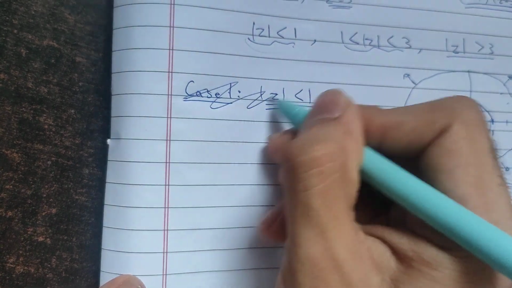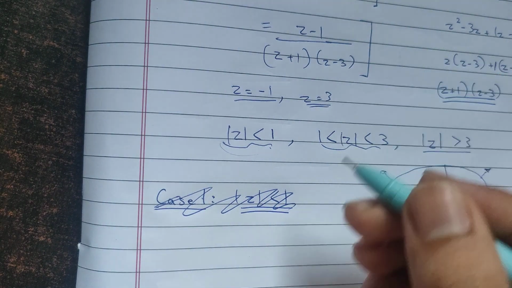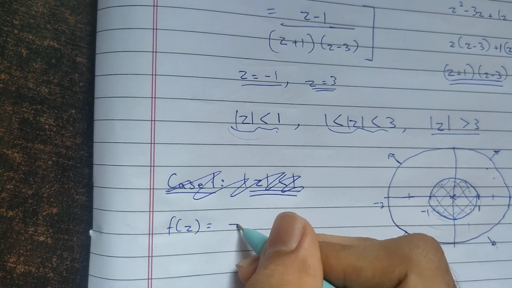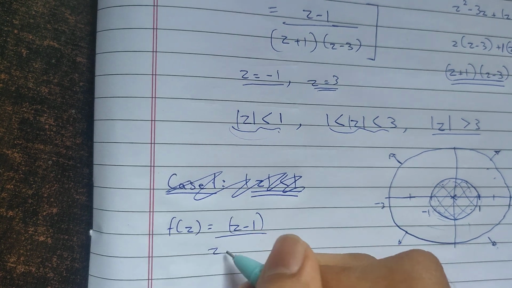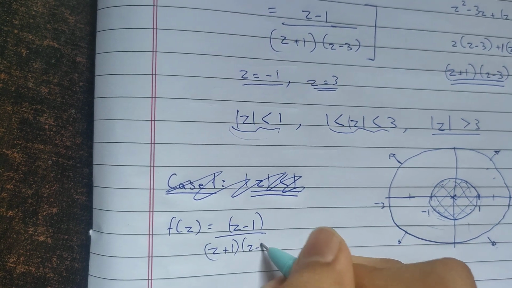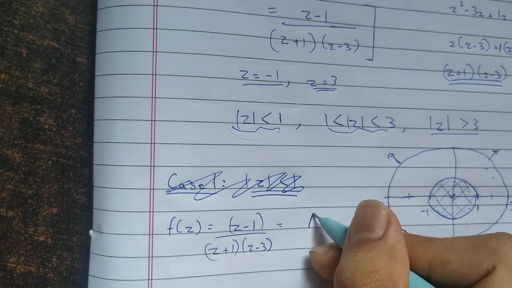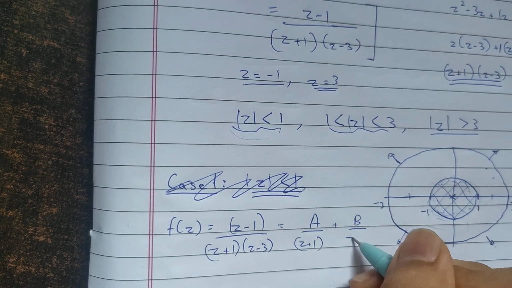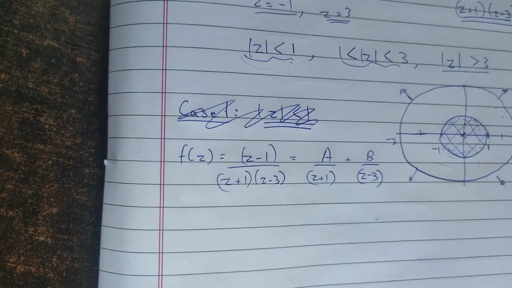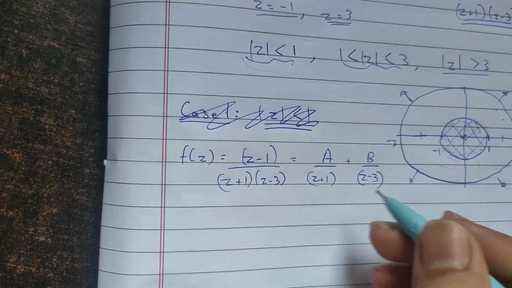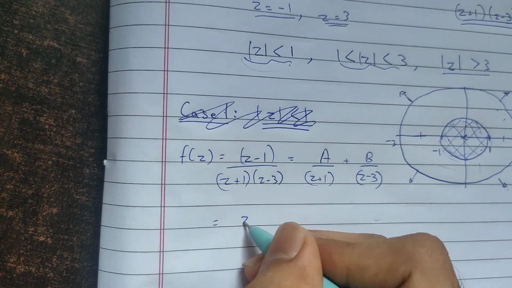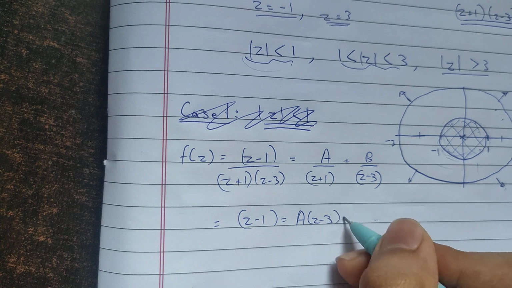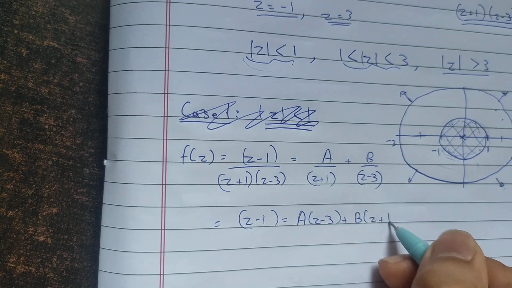Oh yeah, I forgot. Before solving the cases, we could just simplify this using partial fractions. So f of z is (z minus 1) upon (z plus 1)(z minus 3), which could be written as A upon z plus 1 plus B upon z minus 3. Now we cross multiply, so we get z minus 1 is equal to A(z minus 3) plus B(z plus 1).